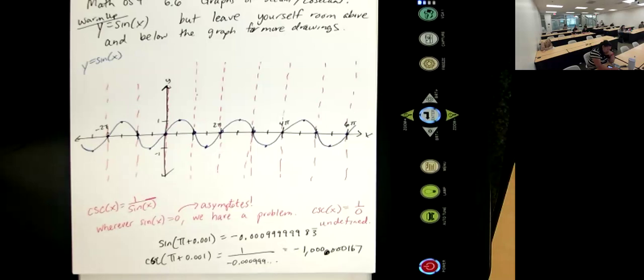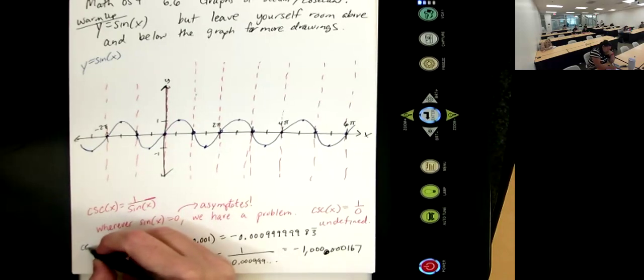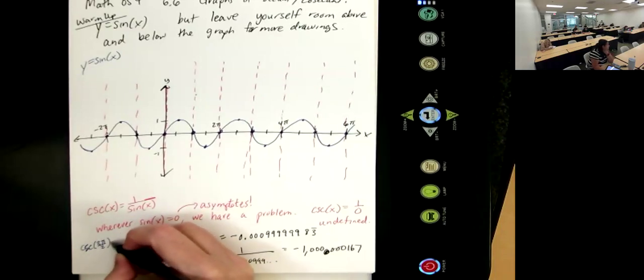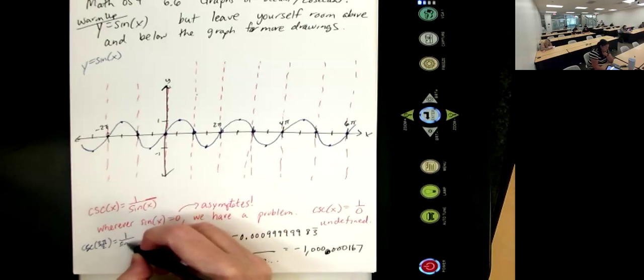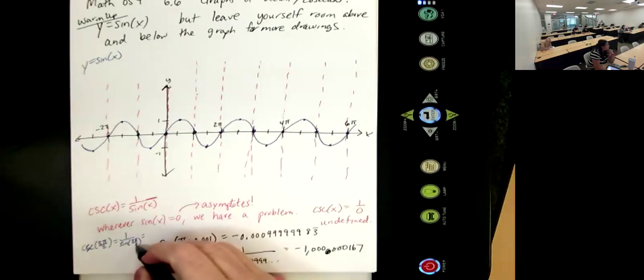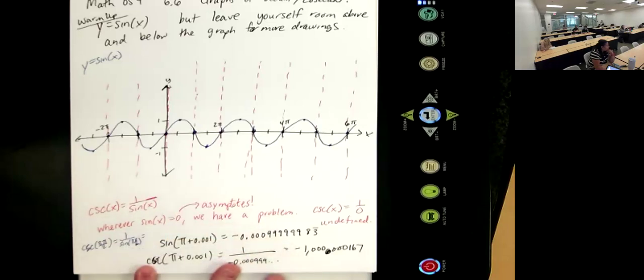And if I did sine of 3 pi/2. Well, let's start with cosecant. Cosecant of 3 pi/2 is just 1/sine of 3 pi/2. But what is sine of 3 pi/2? 3 pi/2 is on the y-axis.